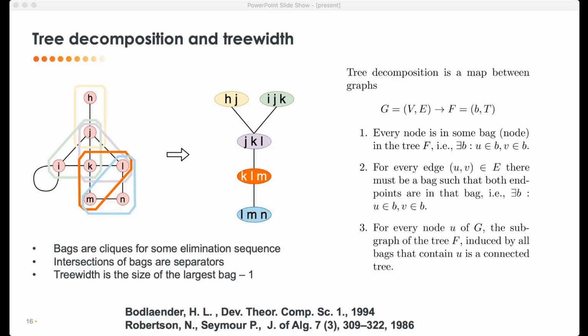Intersections of these bags are separators in the graph, and a separator is a set of vertices which you can remove, and then the graph becomes disconnected. The treewidth is also the size of the largest bag minus 1.